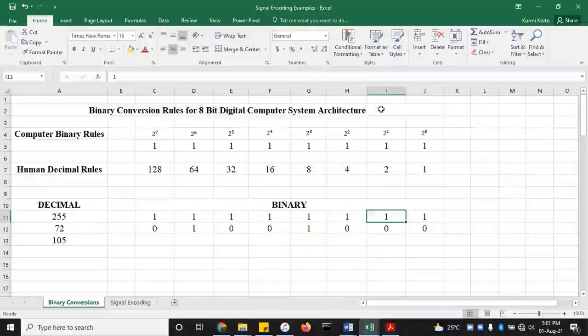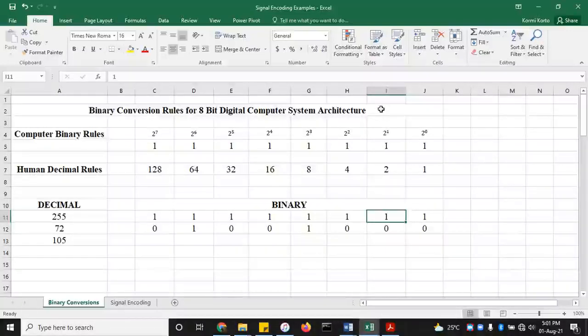Most computers by standard use the 8-bit architecture for most of their design needs. Obviously, there are higher bits than 8, but 8 seems to be the standard starting point for most digital computer system architecture. So there are conversion rules that you should probably know.